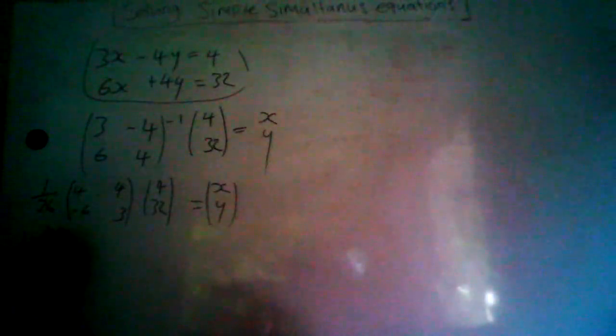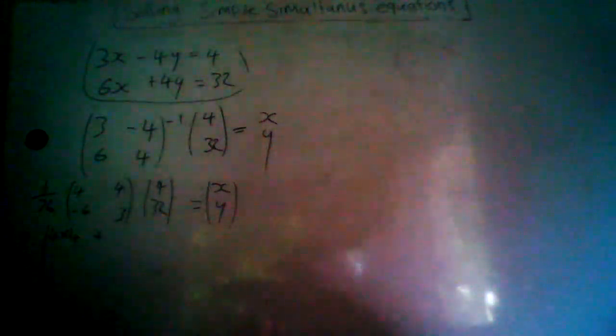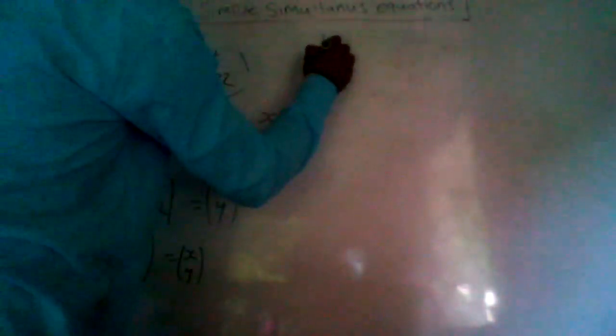We'll go ahead and still keep the scale factor of 1 over 36, and then we'll multiply the two matrices. So this will be 4 times 4 plus 4 times 32, and negative 6 times 4 plus 3 times 32, equal xy.